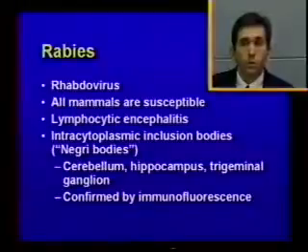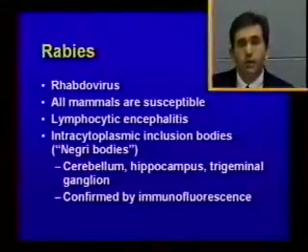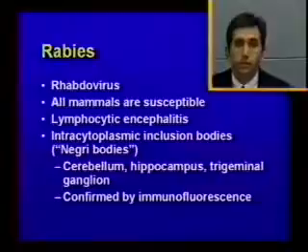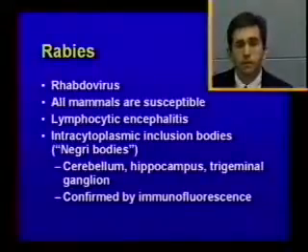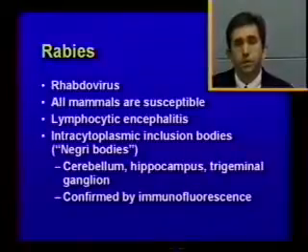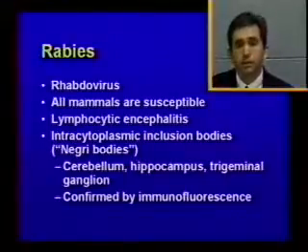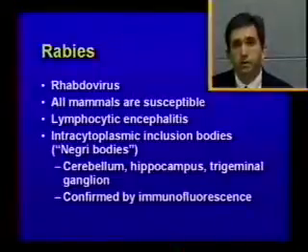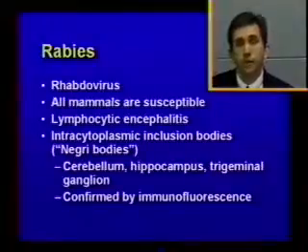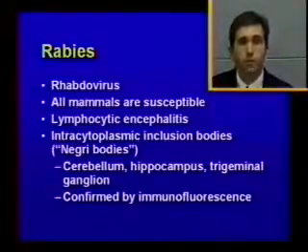So when you are in practice or on this exam, if someone asks you how to identify whether rabies is causing a disease, the important thing to remember is that the brain must be removed, must be unfixed, that is, not fixed in formaldehyde, and sent to an appropriate diagnostic lab that can run a test to look for these Negri bodies, which are in the hippocampus, the cerebellum, or the trigeminal ganglion adjacent to the brain. And this is confirmed at a diagnostic laboratory through the process of immunofluorescence.